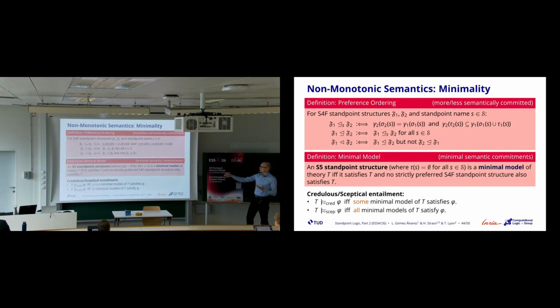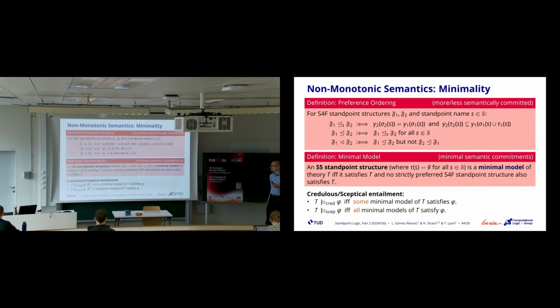And then we can lift this from single standpoints to the whole set of standpoints. Right? So this semantical commitment then refers to all of the standpoint names. And since we allow equality here, there's also a strict variant saying that F2 is strictly more committed if the comparison goes one way but not the other.